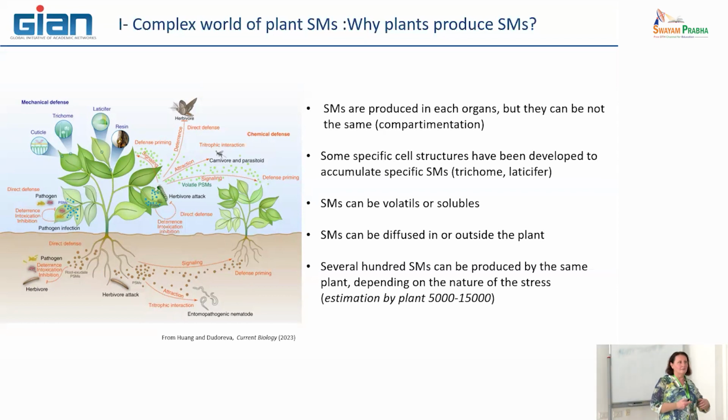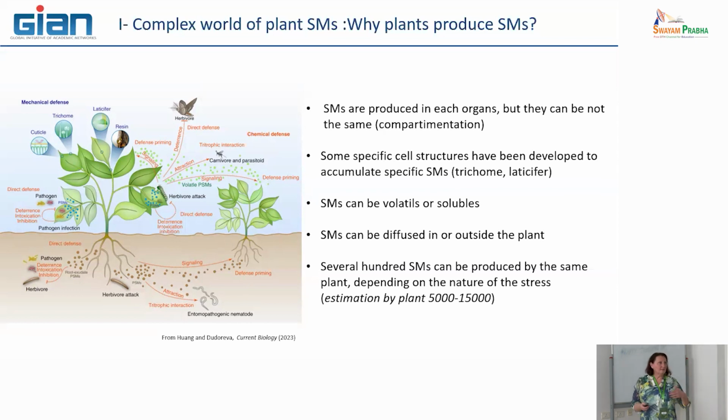If you keep in mind the diversity of plants, there are millions of specialized metabolites that can be produced by this kingdom. And not only plants, but fungi have exactly the same property. So we are just in front of a sort of ocean of metabolites that need to be characterized in order to see if some of them are of benefit to us.